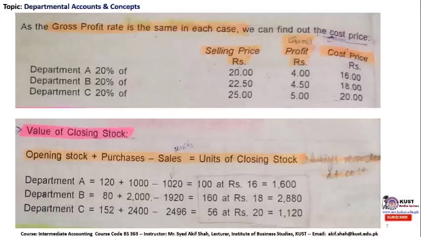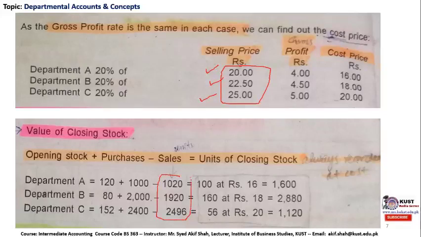As we know, the sales price per unit in each department has clearly been mentioned as 20, 22.5 and 25. So we can multiply it with the number of units sold by the department.